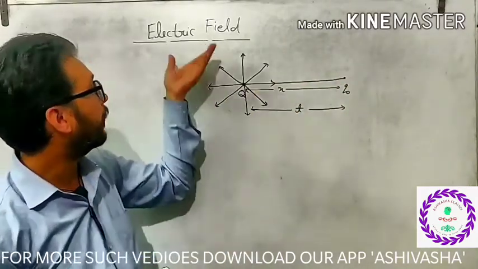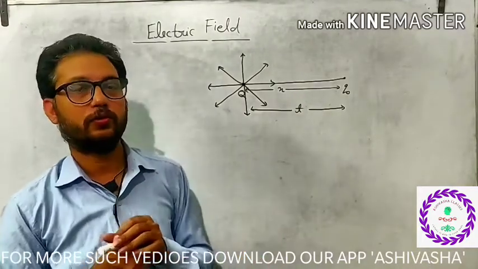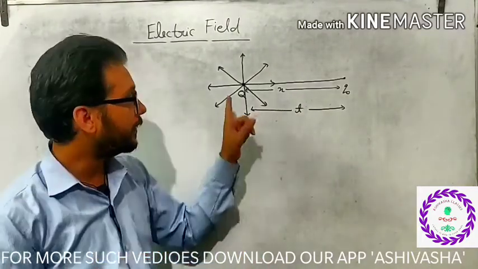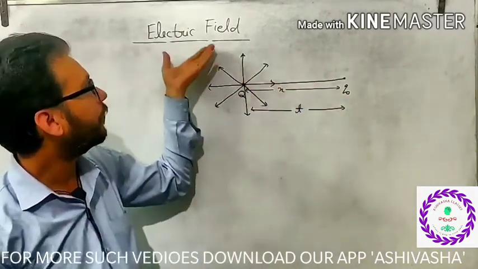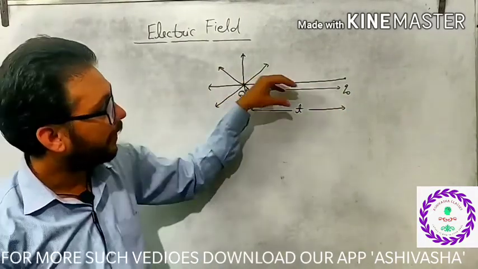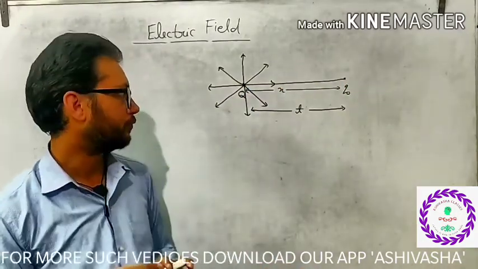It means the electric field is basically the property of force. So we can say this is how the charge applies force on Q naught with the help of the electric field. The electric field reaches the charge and then applies the force.